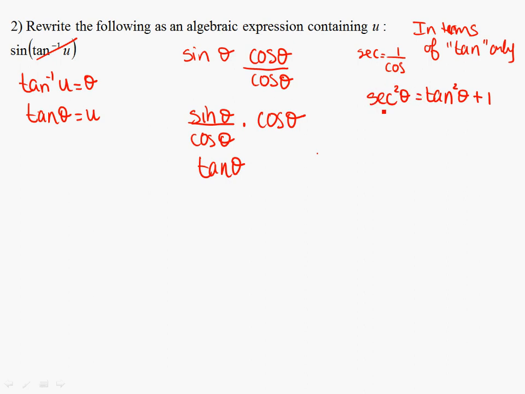So I want to write this side as a cosine. The first thing I'm going to do is get rid of this square. How do I get rid of the square again? Okay, so I'm just going to take a square root. And the secant is 1 over the cosine.